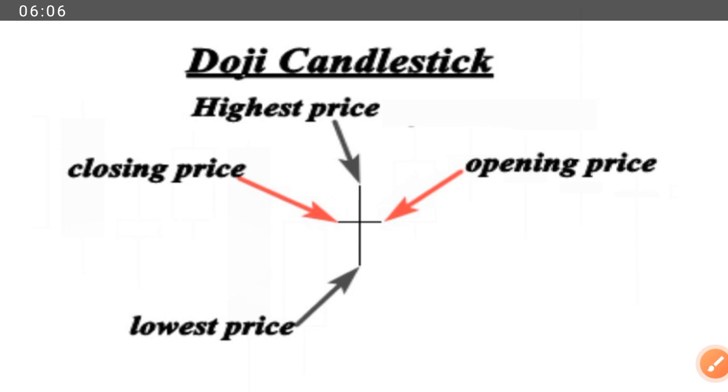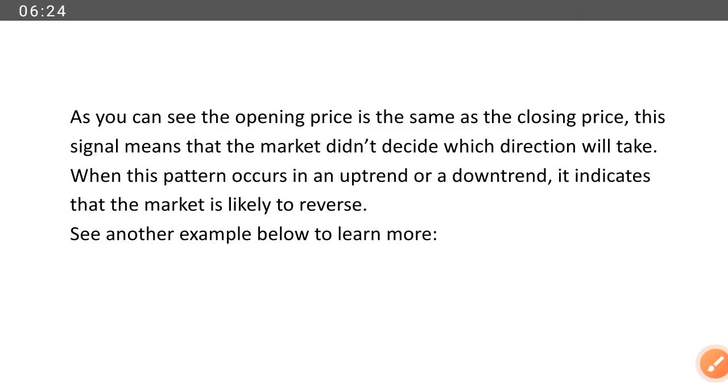Once you see a Doji, it signifies indecision. That means the buyers and sellers couldn't take control. So price closed where it opened. That's the meaning of a Doji candlestick. As you can see, the opening price is the same as the closing price.